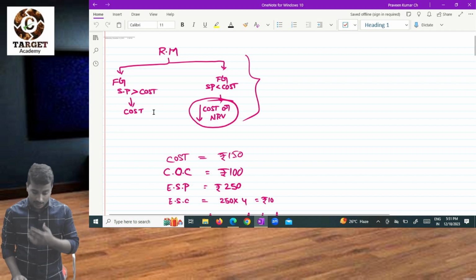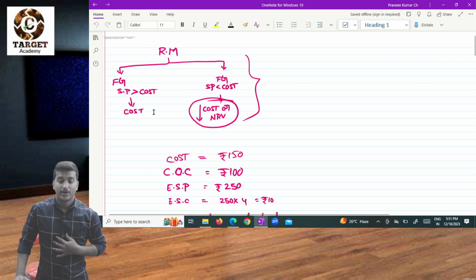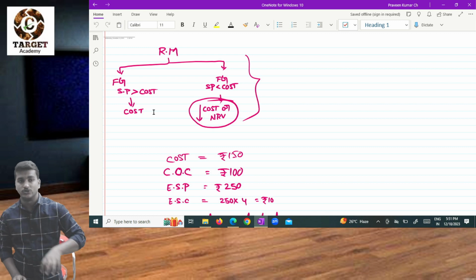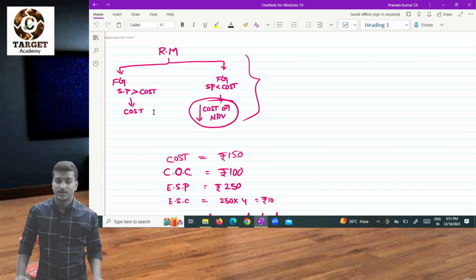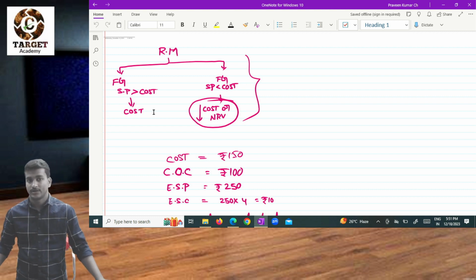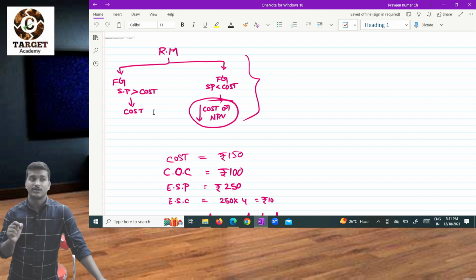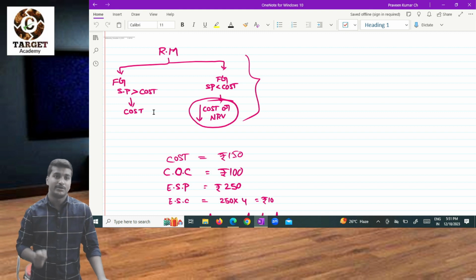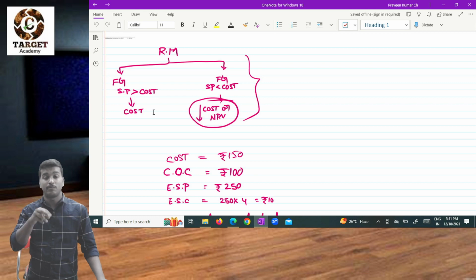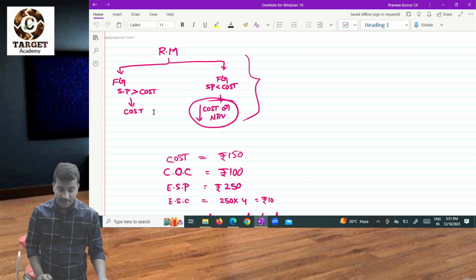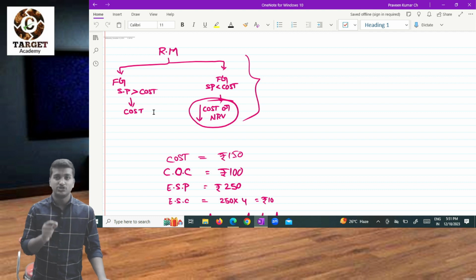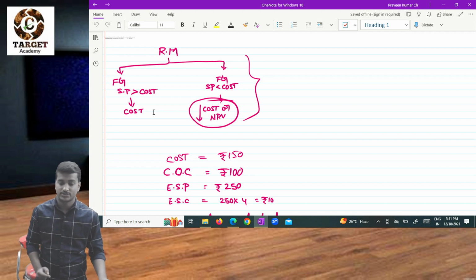So, we discussed in the last class, if you want to find out the value of your finished goods or work in progress, it is cost or NRV, whichever is lower. But if you want to find out the closing stock value of your raw material, it depends upon the finished goods. If the finished goods selling price is greater than cost, then you should record your raw material at cost.